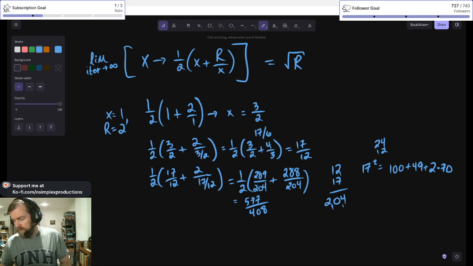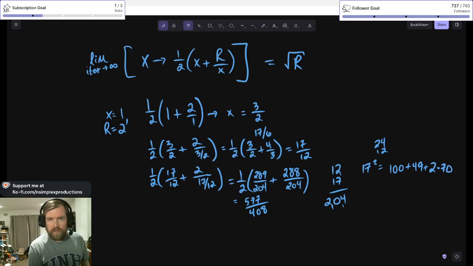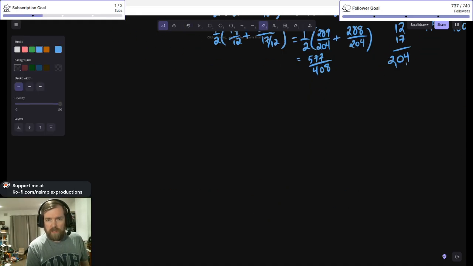Similarly, if we just wanted to do this with literally any other number, right, x equals, again, let's just do x equals 1, r equals 19. Right, this is going to get ugly. This is going to be 1/2 times 1 plus 19 over 1.